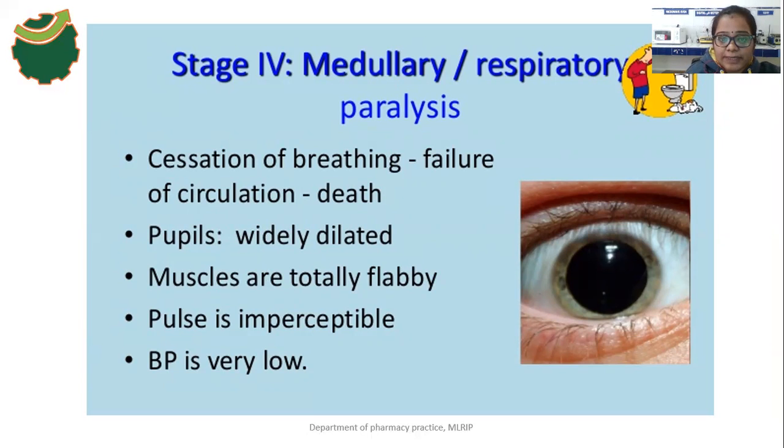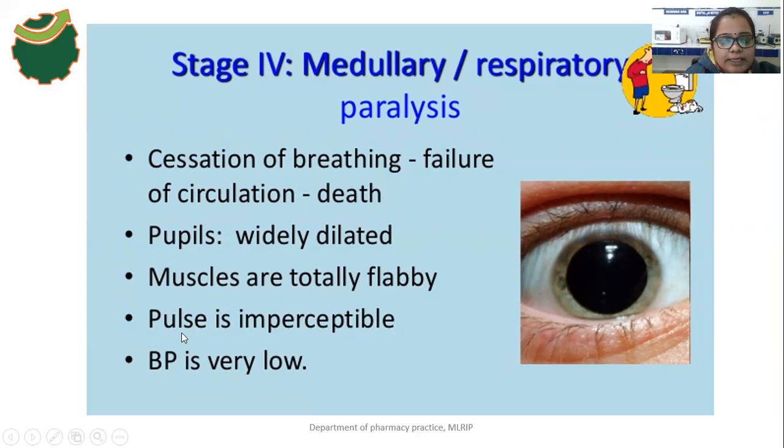Total respiratory paralysis also occurs. So there is cessation of breathing, a complete stoppage of breathing, then the failure of circulation occurs, and finally death occurs. And the pupils are widely dilated during stage 4, and the muscles are totally flabby. Flabby is nothing but muscle weakness.